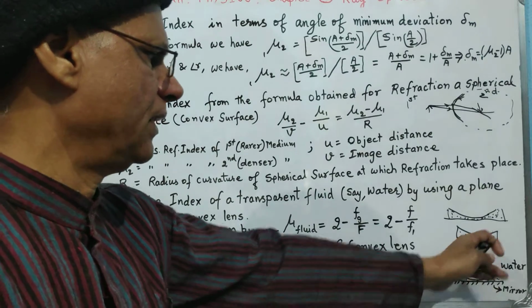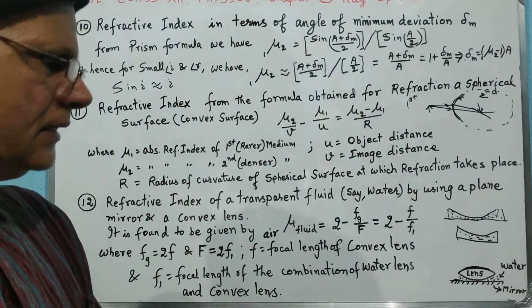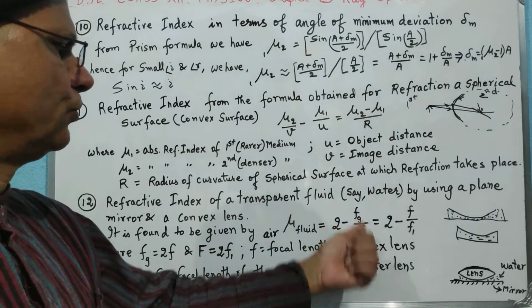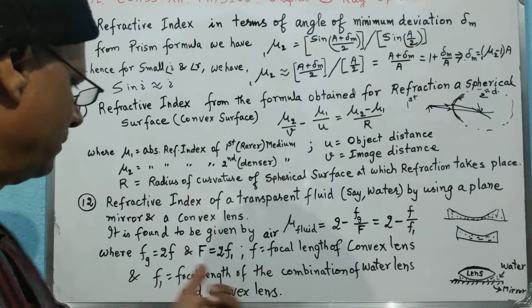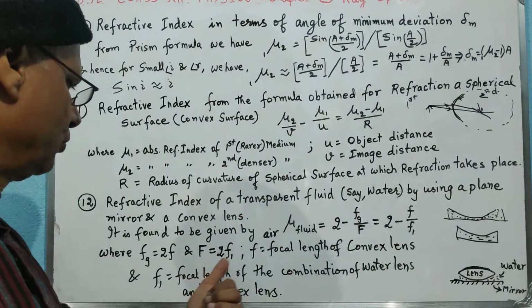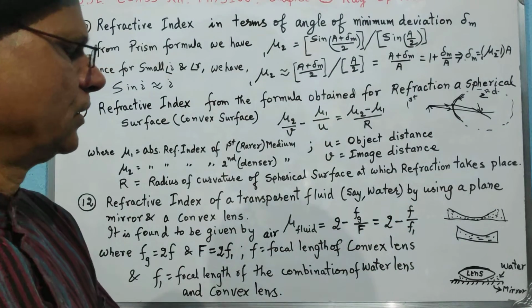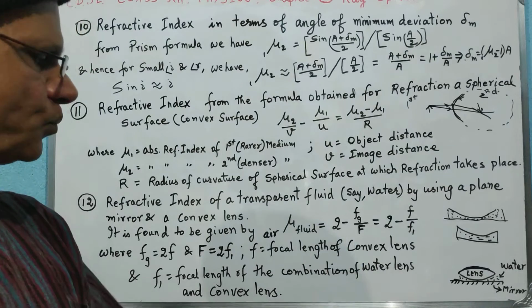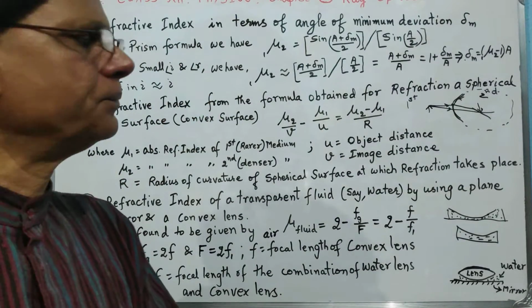The focal length of the combination of these two lenses, water lens and glass convex lens, is found to be equal to 2 minus Fg upon F, and since Fg is nothing but 2f and capital F is nothing but 2f1, the 2 cancels, so we get 2 minus f upon f1. This derivation we shall talk about later.